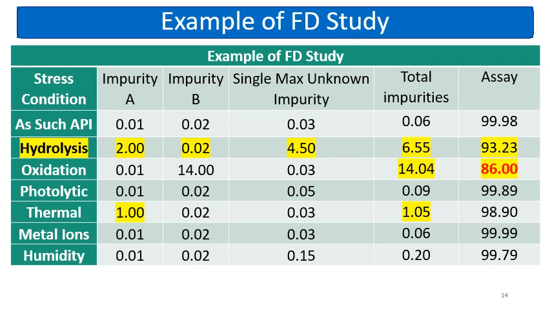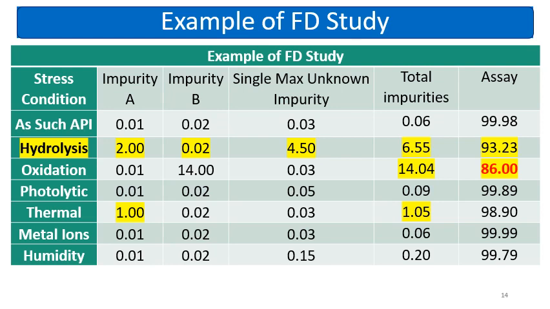So here is the example. It is a hypothetical example you can consider for drug degradation for drug substance or product. So for hydrolysis, I have shown a degradation of total impurity 6.55%, and assay is coming 93.23%.